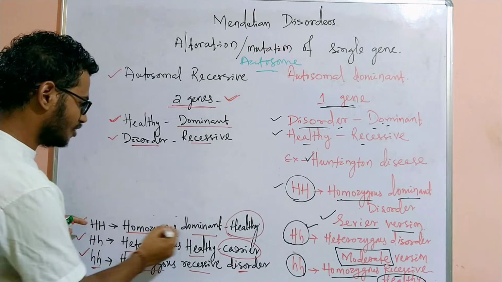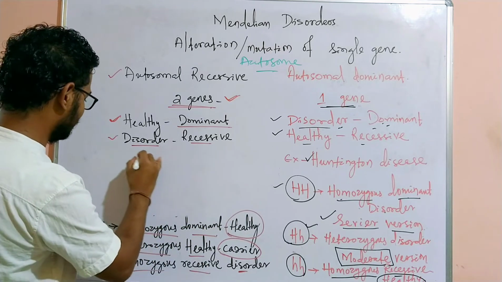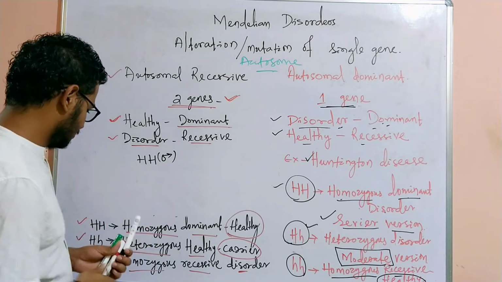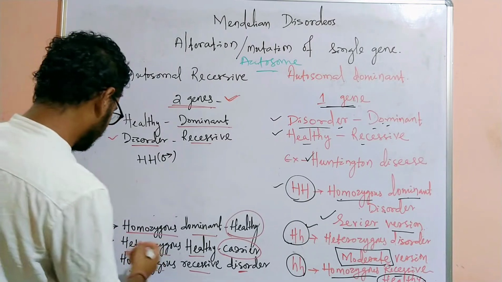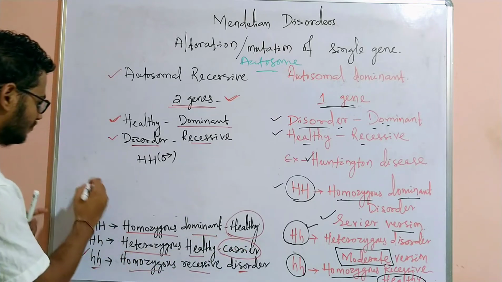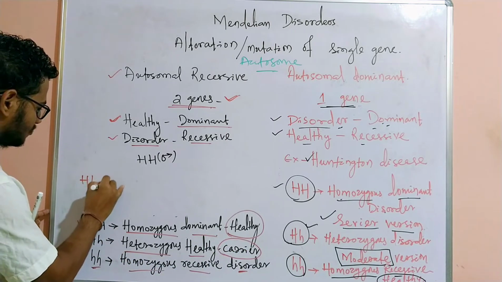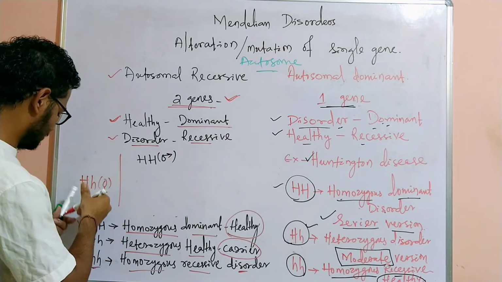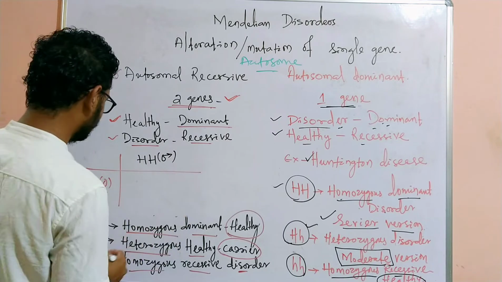First let's take the homozygous dominant or healthy father and a heterozygous healthy or carrier mother. This one is a carrier mother. So we have this condition.